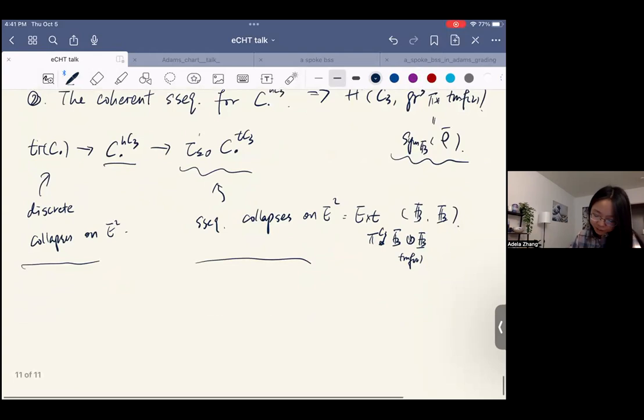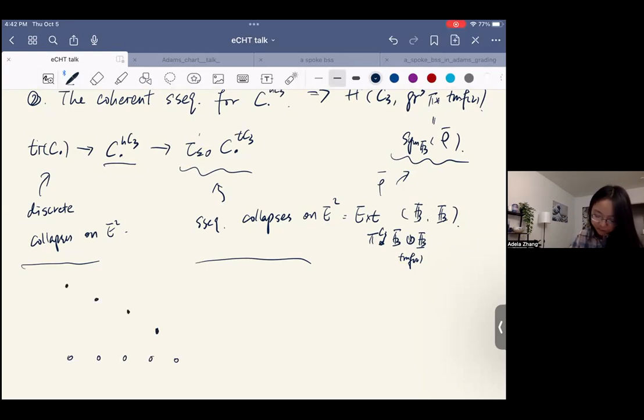So as a result, for any representation that's living in here, this spectral sequence is sort of weight graded, and all of these representations live in a unique grading. So for each of these, there will be something that comes from Tate that lives along a line. So these are the white dots that we've been seeing in the Adams chart. And there will be a bunch of things that come from transfer classes.